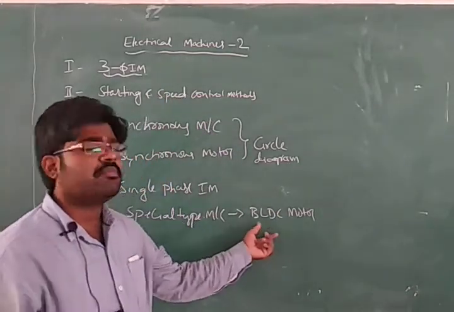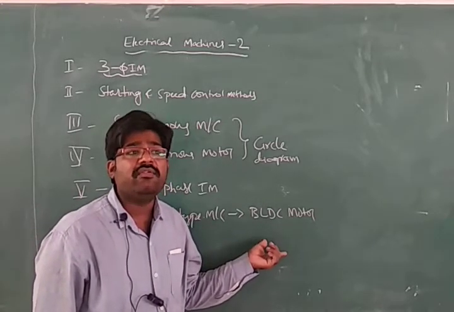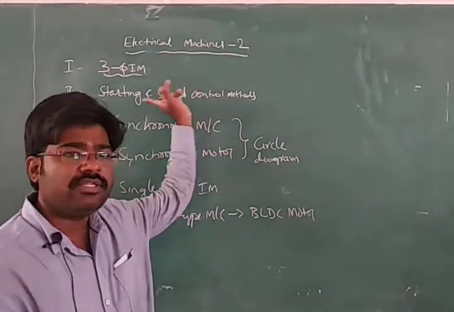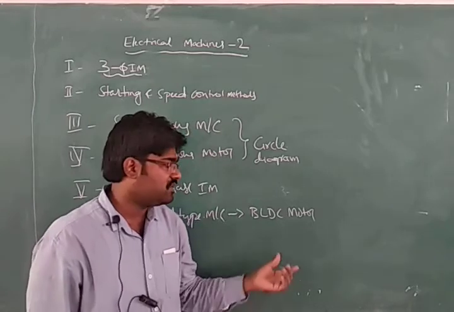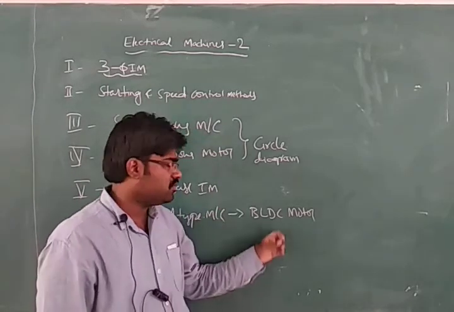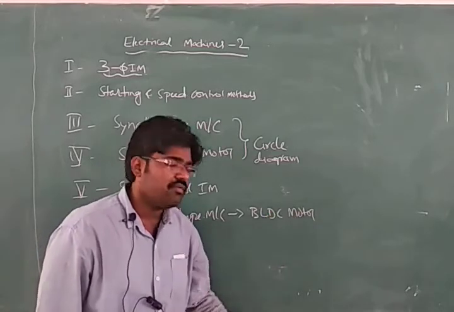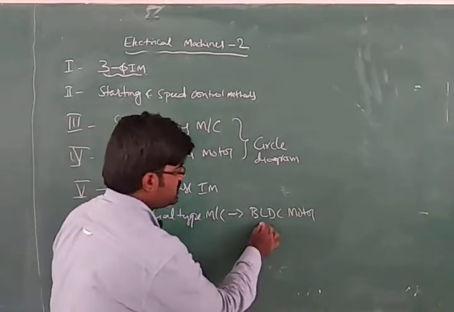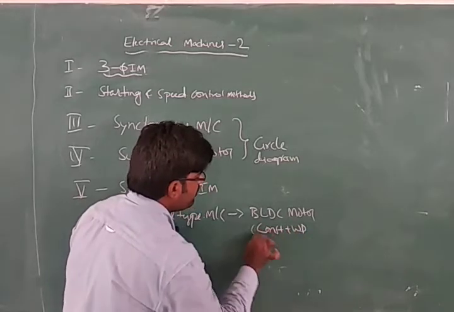We will not be using brushes here. A separate setup will be there. We use some kind of inverter setup to minimize the losses which existed in the DC motors. It is most popularly used nowadays. So much research is going on for further extension to this. This type of machine we will study here, its construction and its working principle.